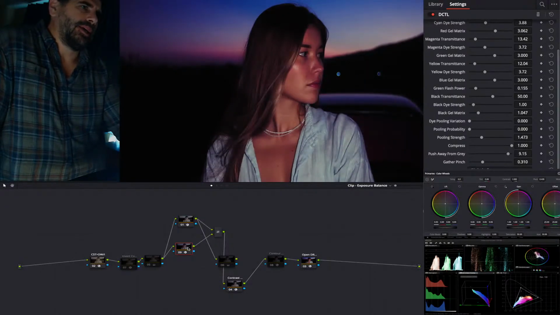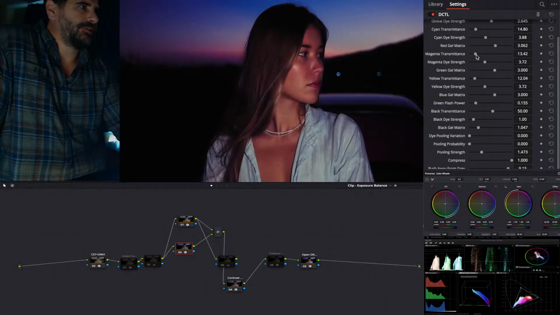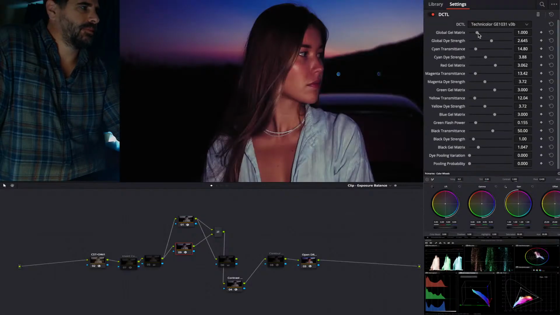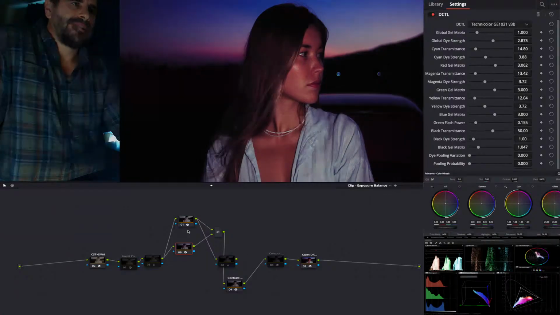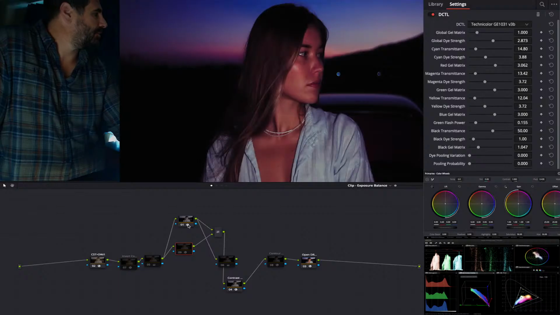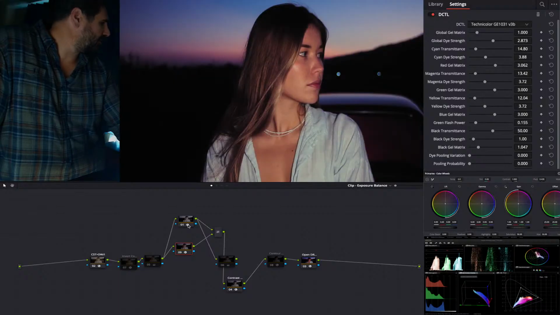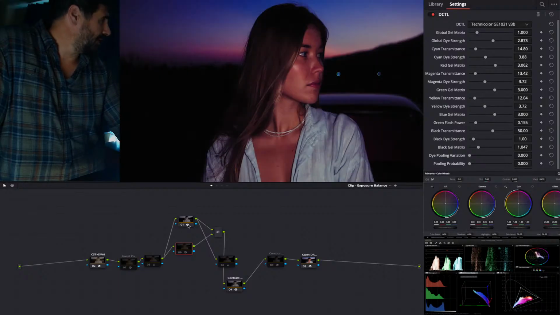So yeah, that is an interesting feel. These feel right. Global dye strength needs to be strong in this new model for 3B. Yeah, there is a difference in terms of that expansion out.